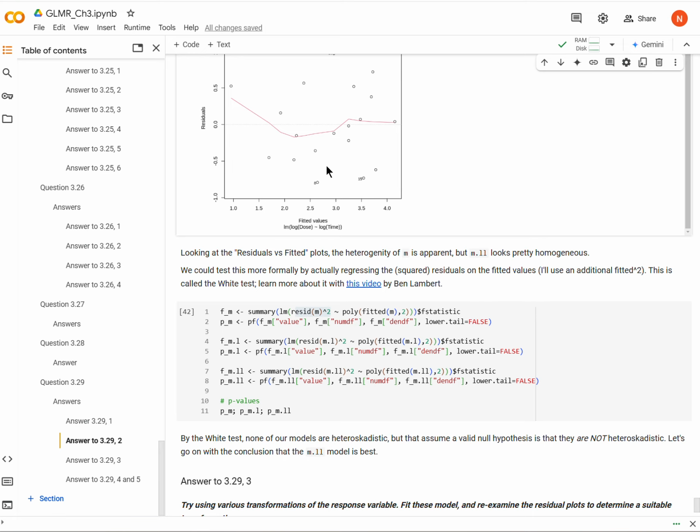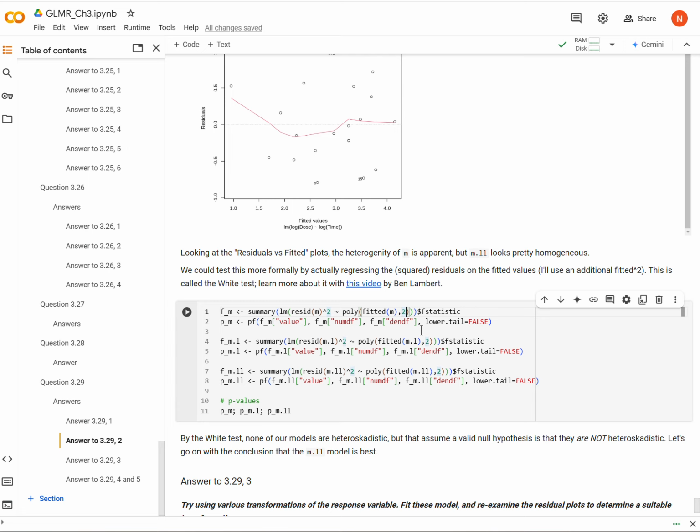And so our surrogate measure for that is going to be the residuals squared. Okay, so there's that. And now we regress it on the fitted values. Okay, so that's good.